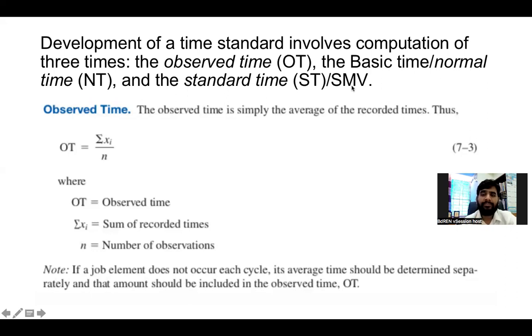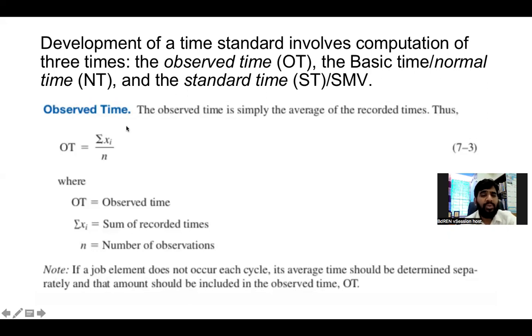Usually in our practice, we use standard minute value. How many minutes does it take to produce a part? How many minutes does it take to produce a whole product? It is standard time or standard minute value.